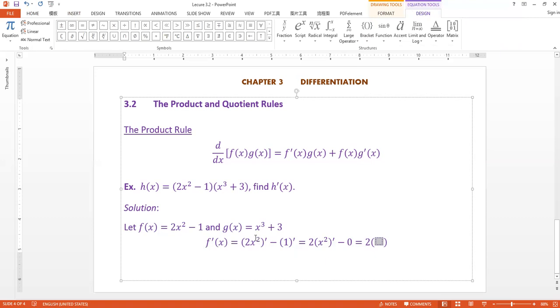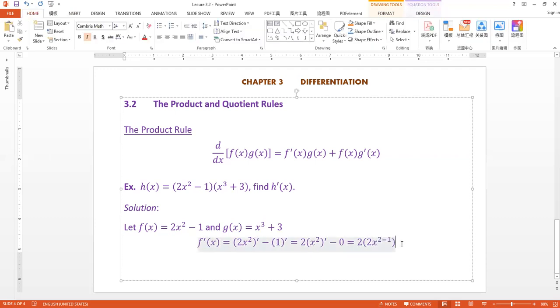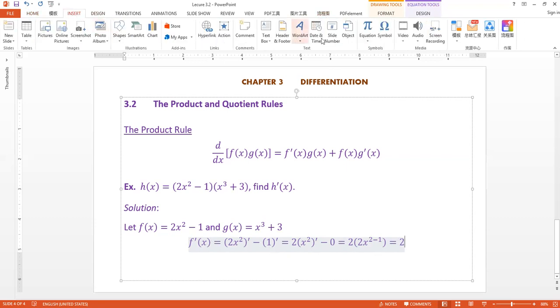So the derivative of x squared is just 2 times x to the 2 minus 1. All right. And we don't have to write 0 in the second term. So that becomes 2 times 2x. Okay, x to the 1 is just x, right?